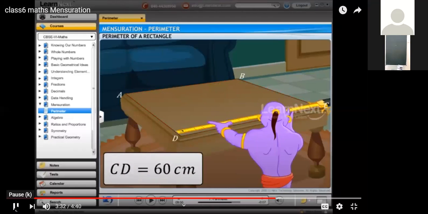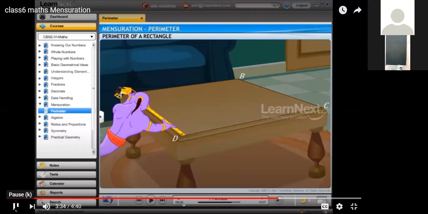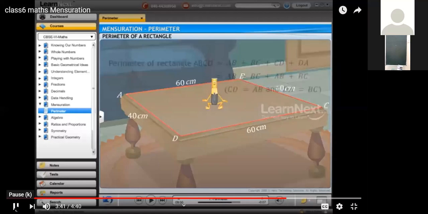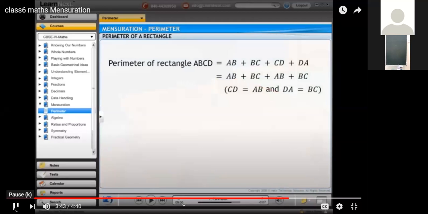Now that you know all the measures, let's add them all up to find the perimeter of rectangle ABCD. Why not add twice the length of side AB to twice the length of side BC, since the lengths of the opposite sides of a rectangle are equal? Good thinking, Senti.